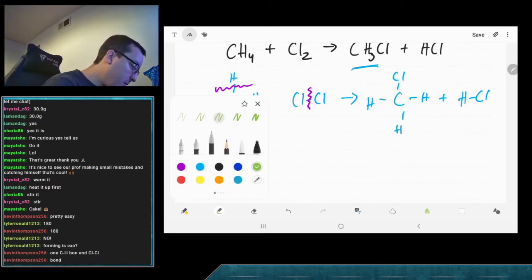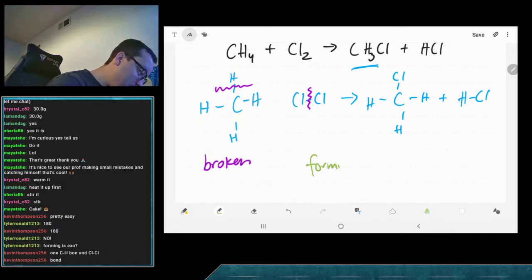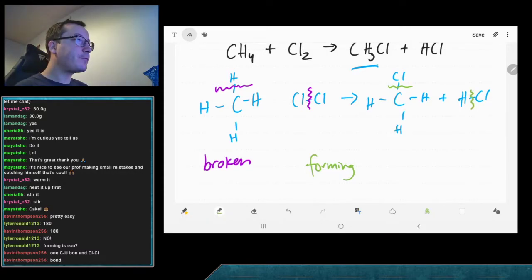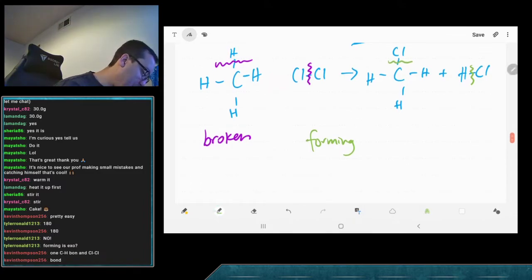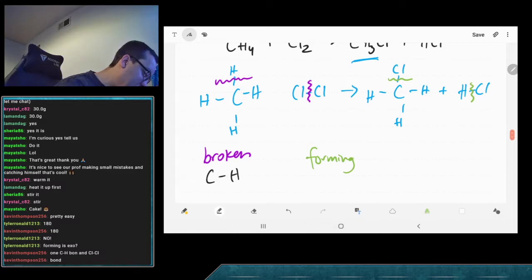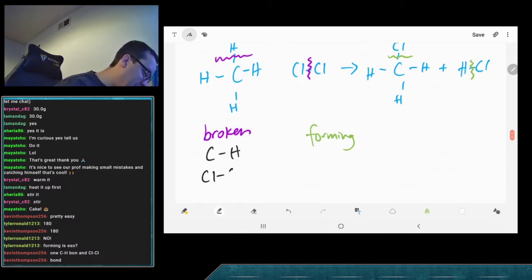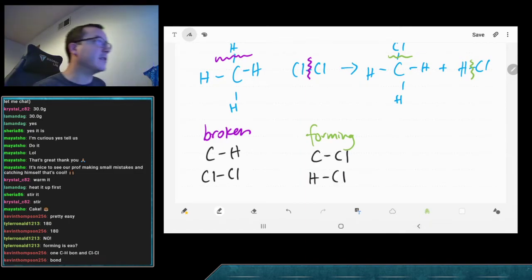The bonds we're forming are this one and that one. The rest of the stuff is staying the same. So we are breaking a C-H bond and a Cl-Cl bond. We are forming a C-Cl bond and an H-Cl bond.